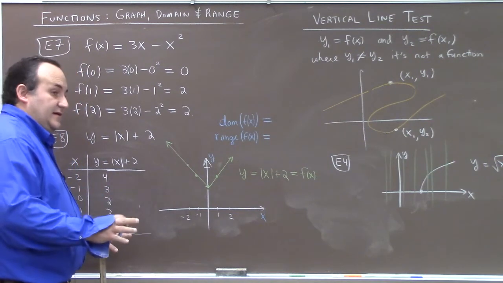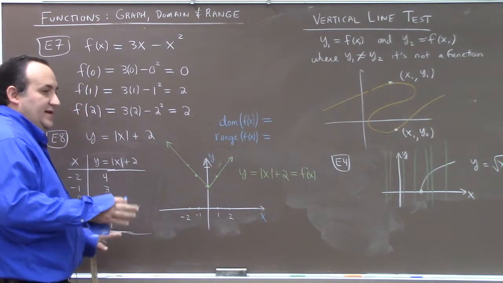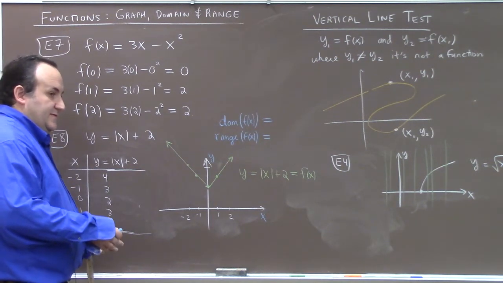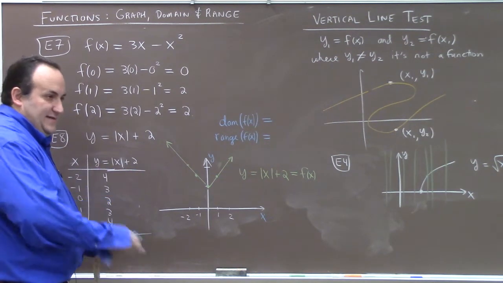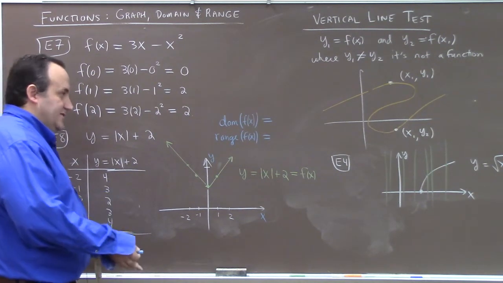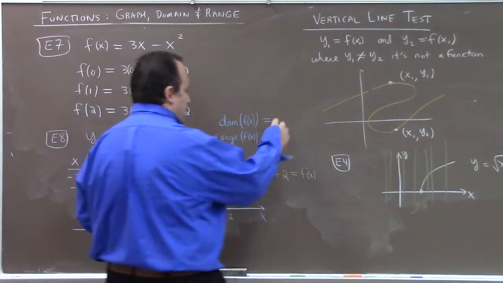Is there any choice of x that we can make that breaks the formula? There's not, right? Absolute value of anything makes sense. And so that's fine. The formula makes sense for all x, so the domain is just all real numbers.